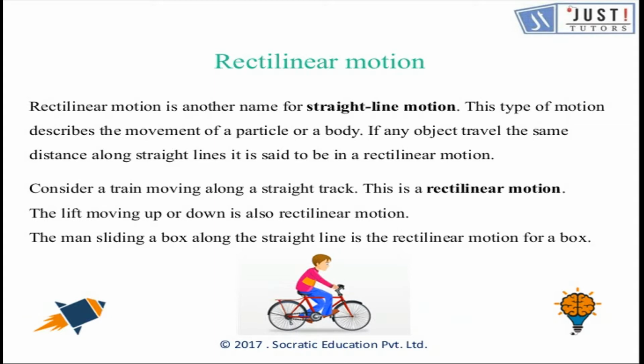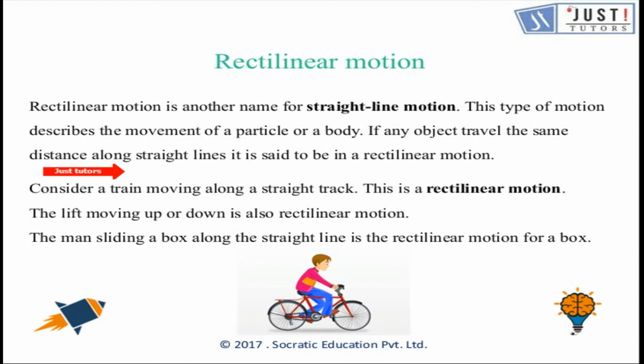Next would be rectilinear motion. Now this is a kind of a linear motion that happens in a particular direction. The thing to remember about this kind of motion is that it's a straight line motion. Now this can be clearly explained with the help of a train moving along a straight track, or the way a lift moves up or down.